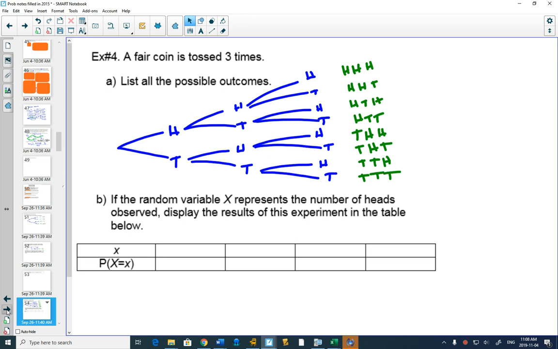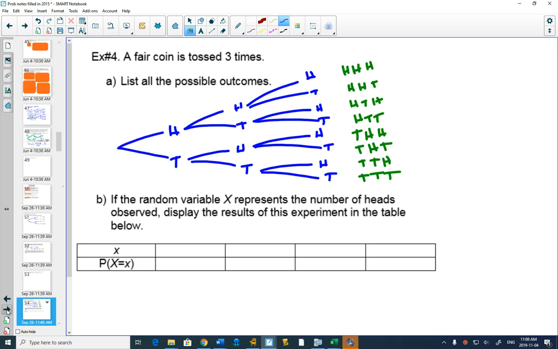So here's our tree diagram for tossing it 3 times. 8 possibilities. Now if you toss it 3 times, can you see that there would be 4 possible outcomes?